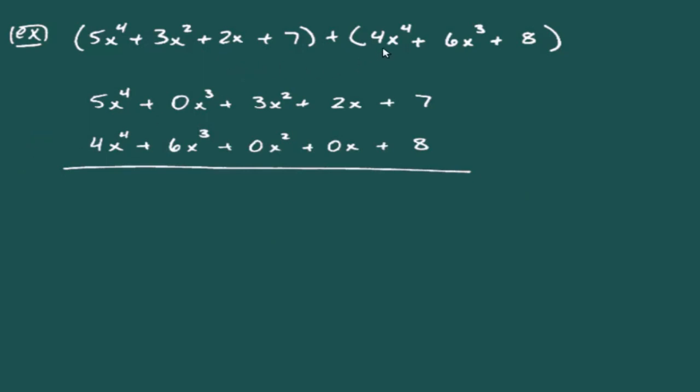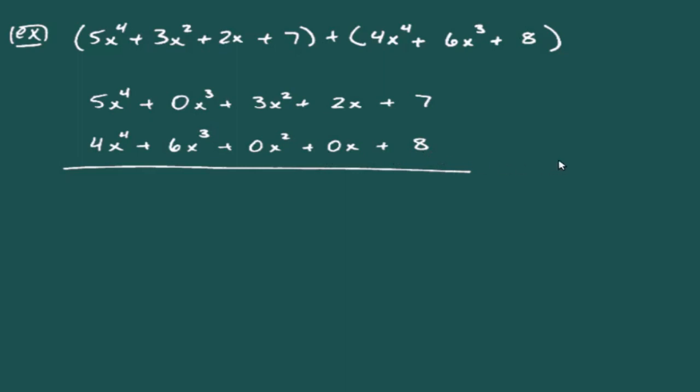So we've got our 4x to the fourth column plus our 6x cubed column going under. Then we don't have an x squared, so we can have a plus 0x squared plus, we don't have an x, so we have a 0 times x plus the 8.